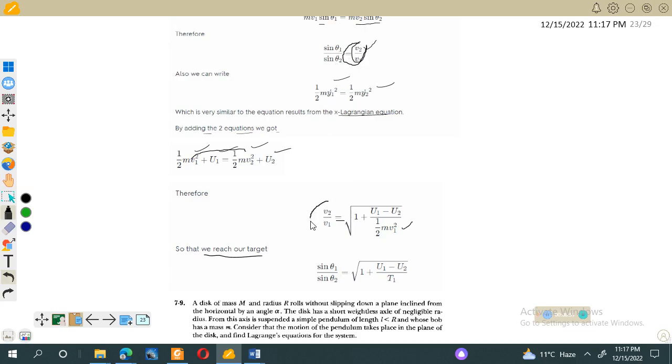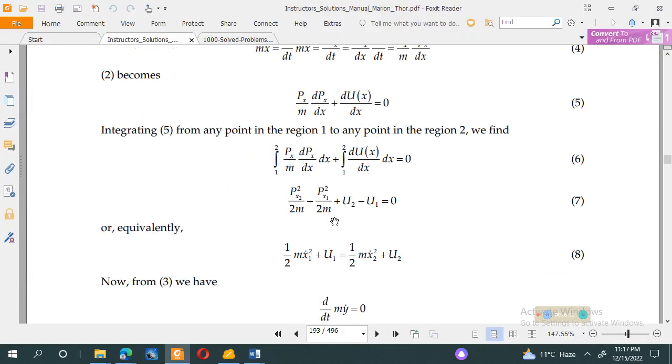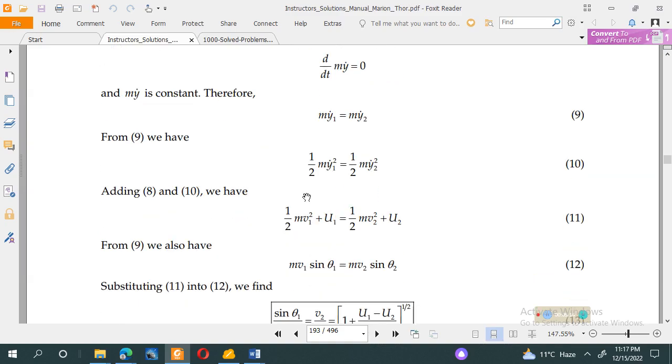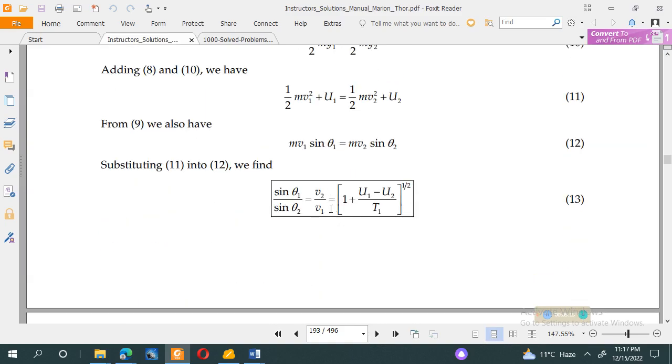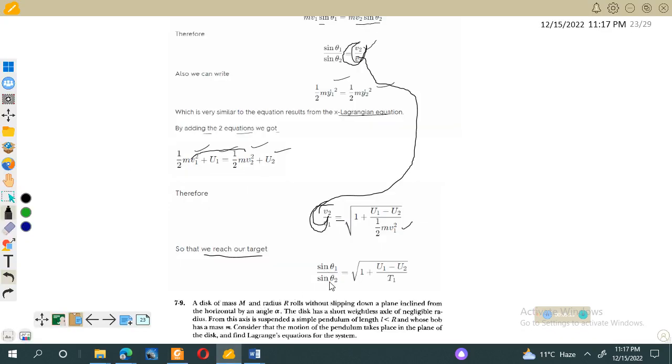Here we have v2 over v1, so if we plug this equation into this, it will give us 1 plus u1 minus u2 over this, and this, sin theta 1 over sin theta 2, is equal to this. These are the simple results we have manipulated, and our final result is this: sin theta 1 over sin theta 2 is equal to the square root of 1 plus u1 minus u2 over t1.